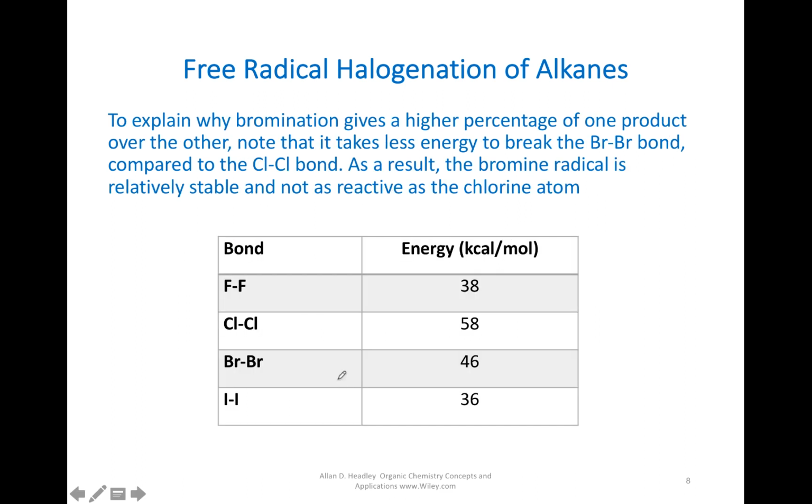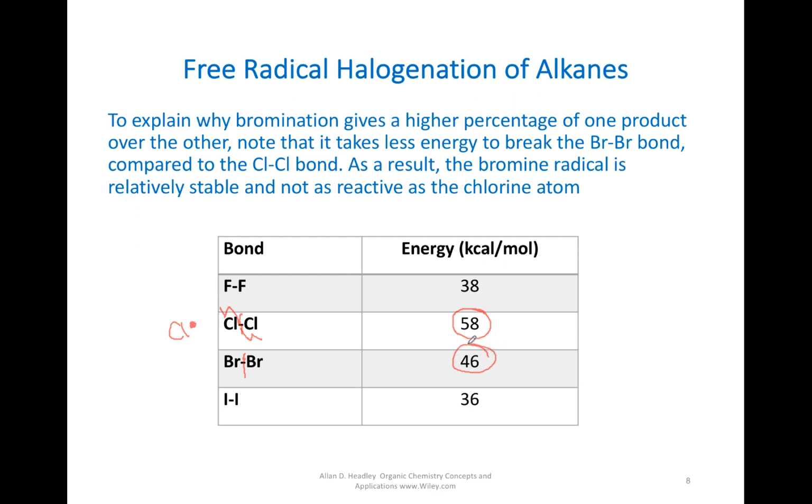Now we'll have to look at the bond dissociation energies. The energy required to break this bond here, and the energy required to break that bond to produce the radicals. 58 kilocalories per mole is required to break this bond to give the chlorine radicals.